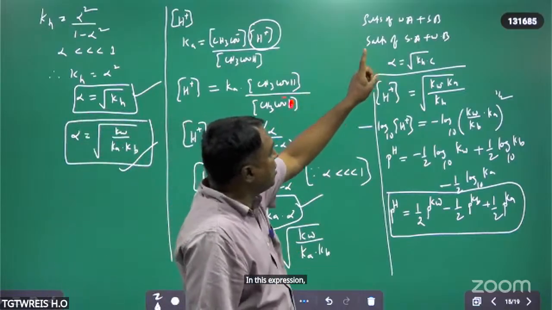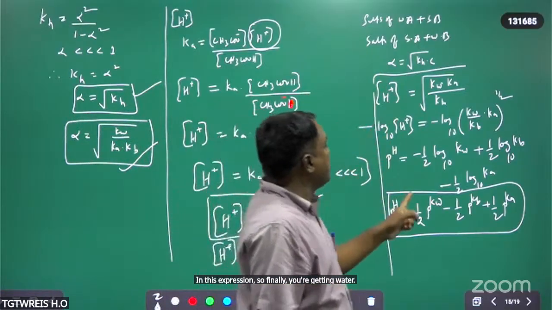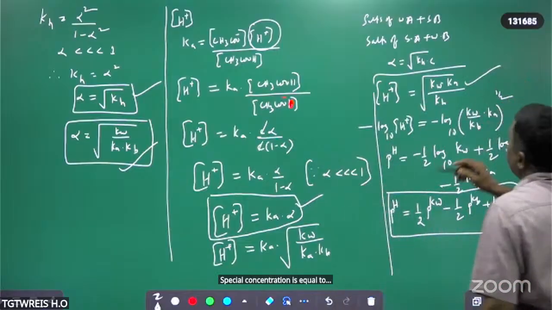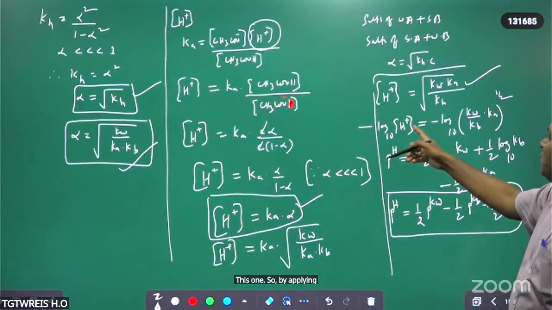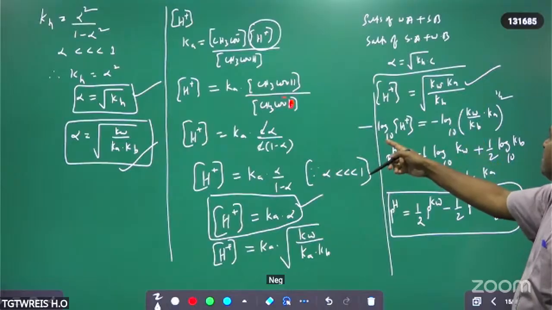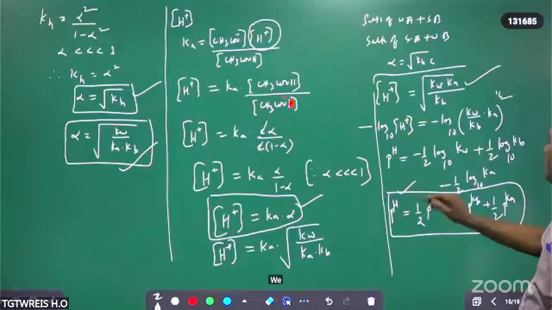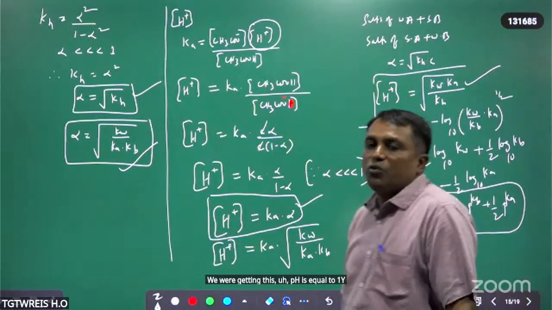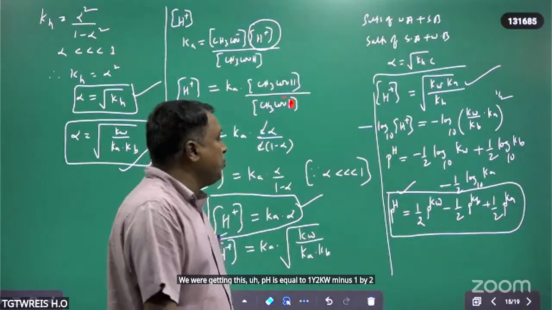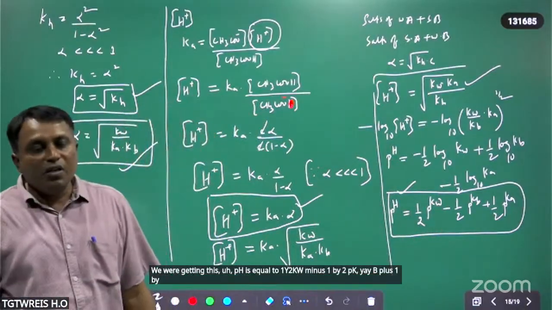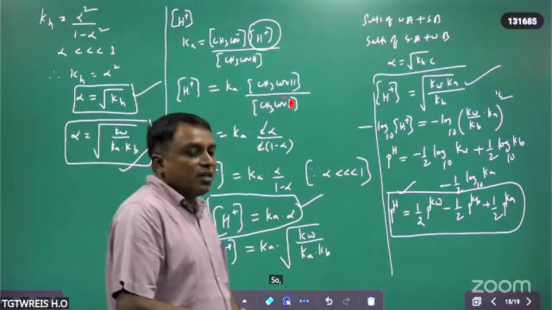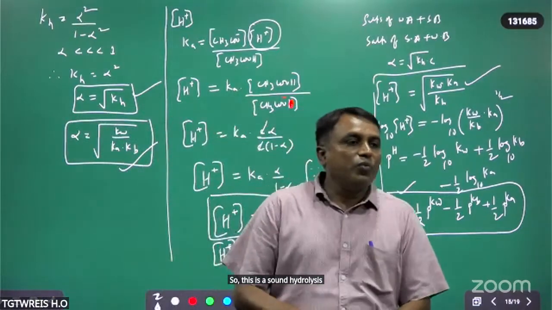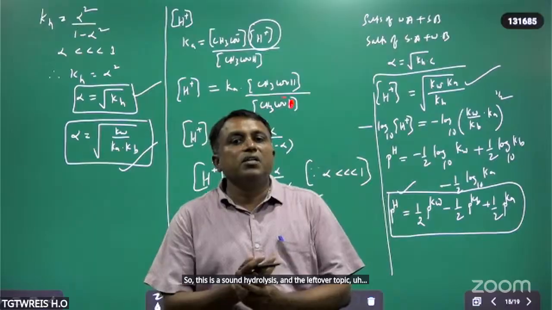So finally the H plus concentration is equal to this one. By applying negative log on both sides, we get pH is equal to 1/2 pKw minus 1/2 pKb plus 1/2 pKa. So this is salt hydrolysis, and the leftover topic is the buffer solution.